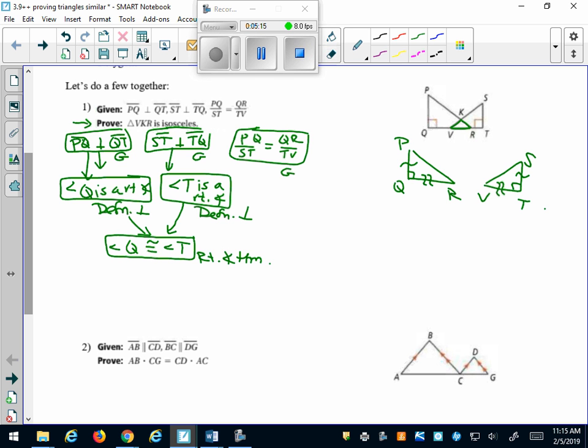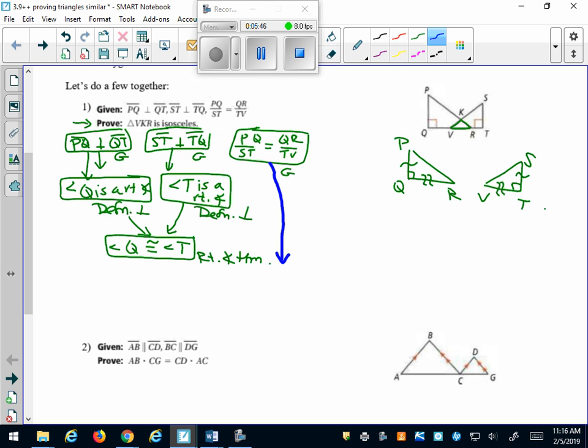Now, you may think SAS seems like we should have three arrows pointing to our box that says the triangles are similar, S, A, and S. But that was true with triangle congruence, right? But the difference here is that both S's come from this one box. There are two pairs of sides, all in that one box.